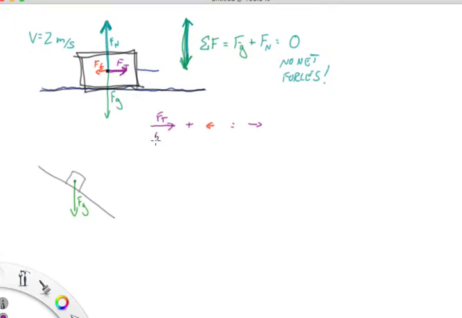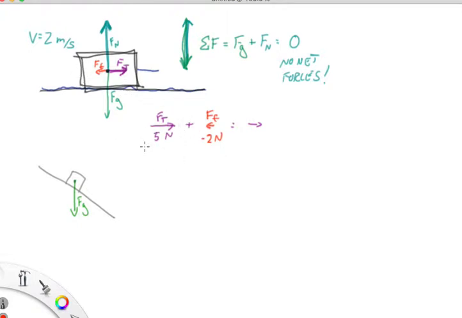Let's say that this force is 5 newtons, and that this force right here, this orange frictional force, I didn't label it, let's say that it is 2 newtons. We can even give it a direction, let's say it's -2 newtons, because it's going in that direction over there. We're going to assign left as negative.